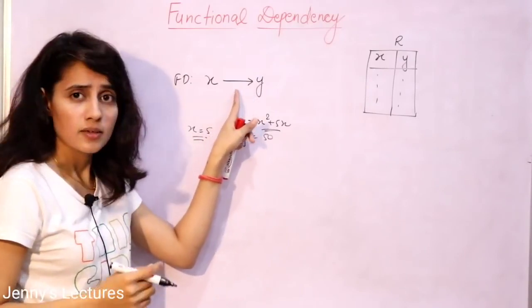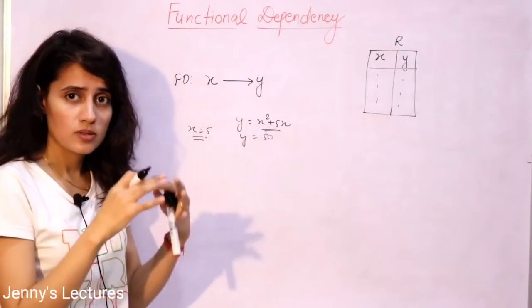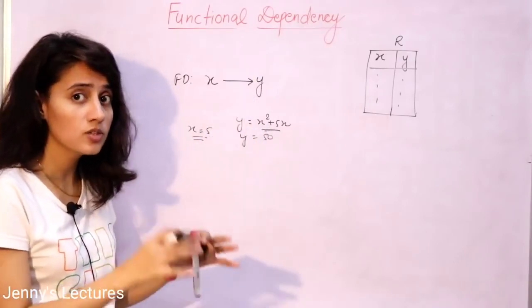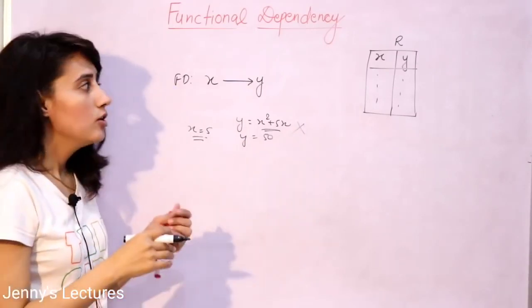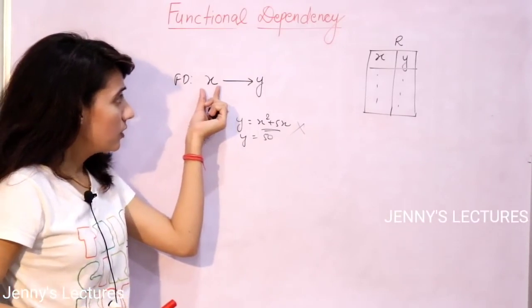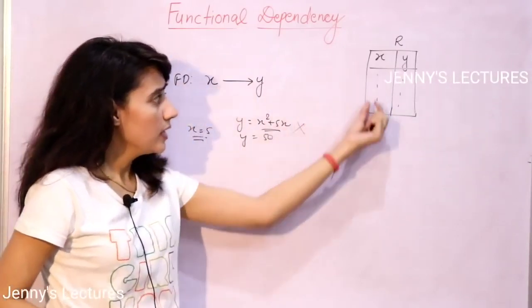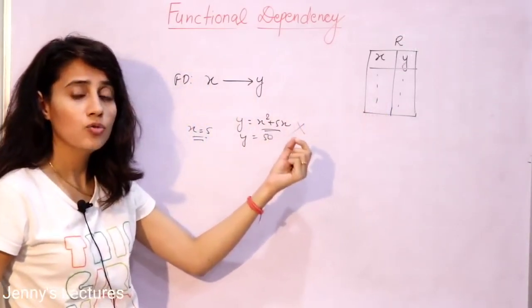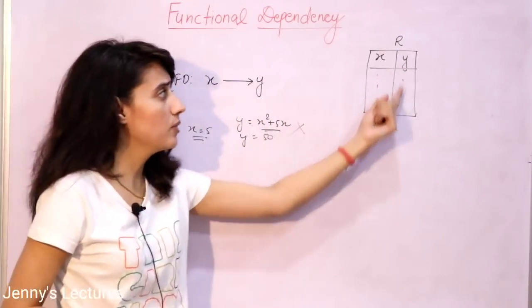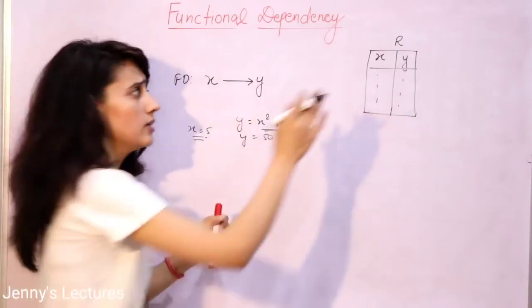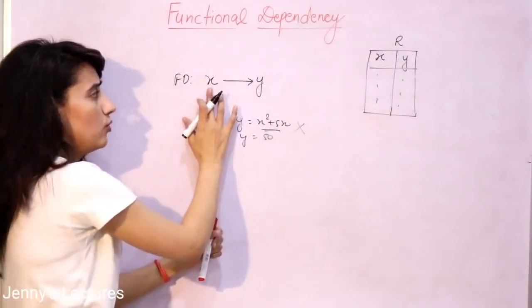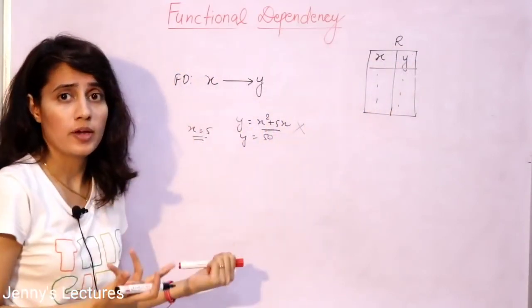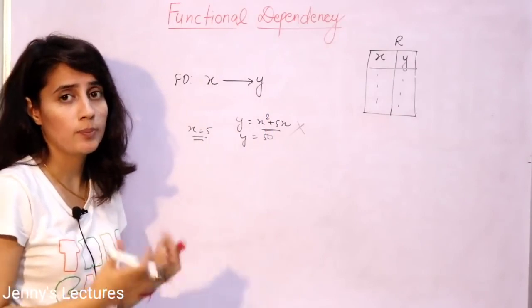But in the case of DBMS, where I am discussing functional dependency, this is not the case. Here, I just give you the value of x, and you can search the value of y from the table. It's not that you don't have any table and I tell you the value of x and you tell me the value of y by computing something.